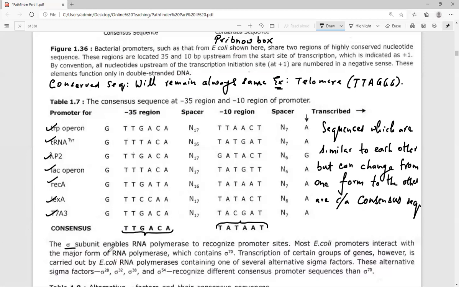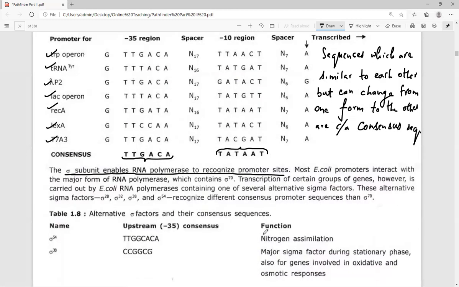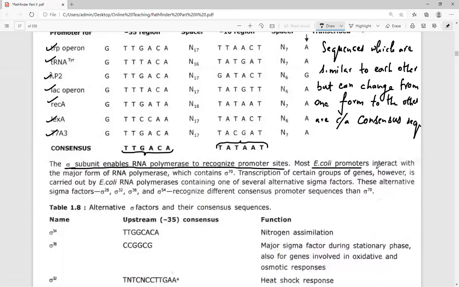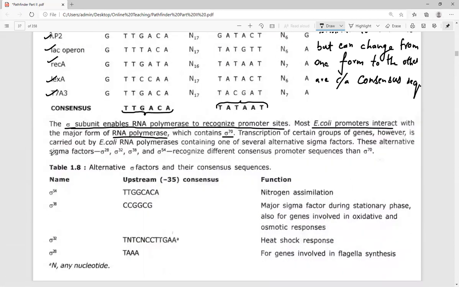Now the sigma subunit enables RNA polymerase to recognize a specific site, and that site is referred to as the promoter site. In E. coli, the promoter interacts with RNA polymerase containing a unit referred to as sigma 70. Alternatively, several different sigma factors recognize different consensus promoter sequences than sigma 70.